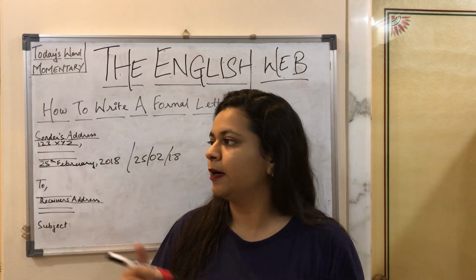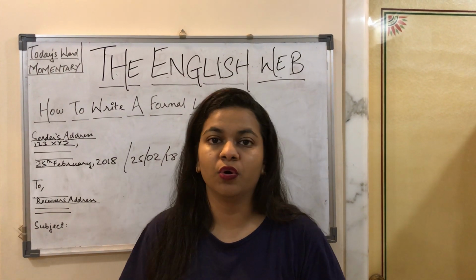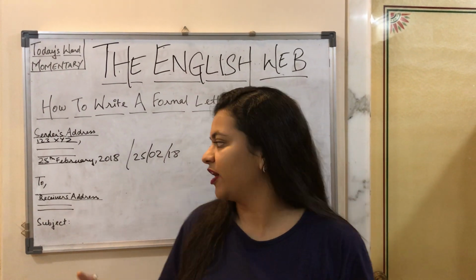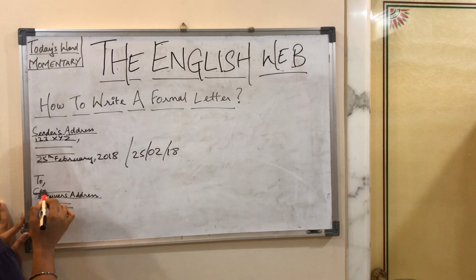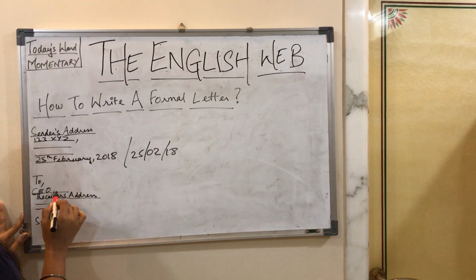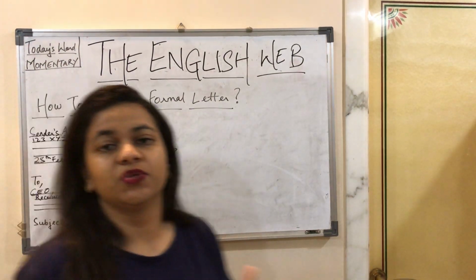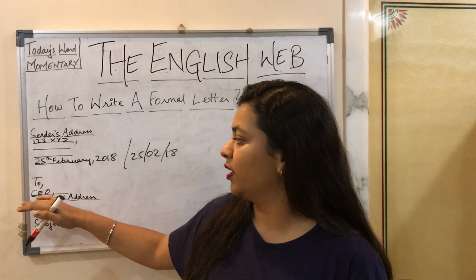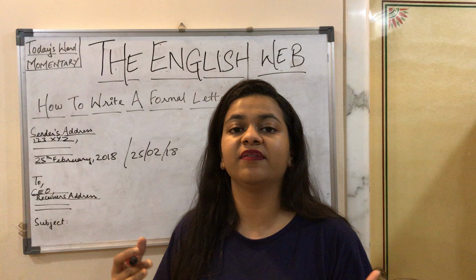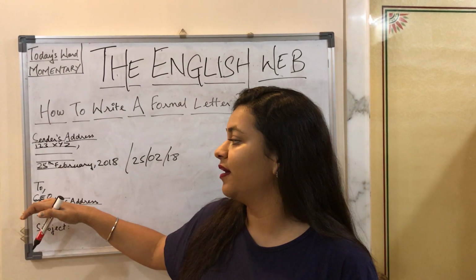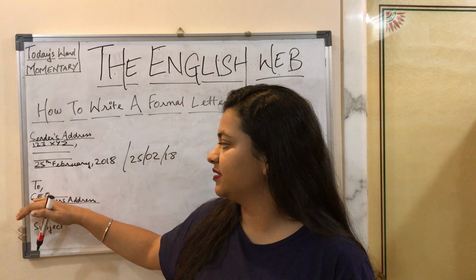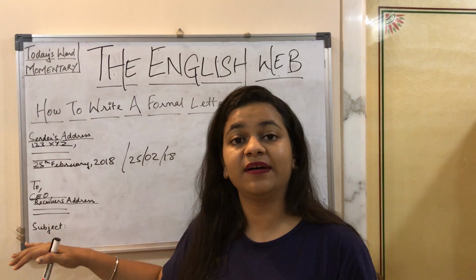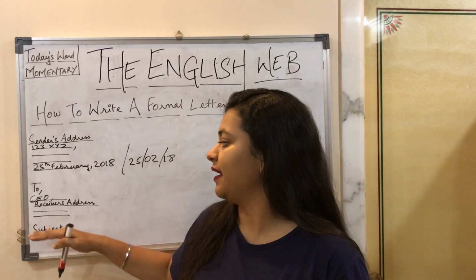Now if it's, say, the CEO of a certain company that you are writing to, you would write this: CEO, comma, the name of the company. So the person who receives the letter would know that the letter is addressed to him. And then you have to write his address.